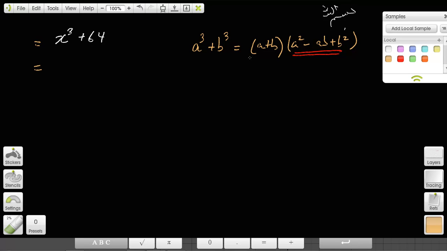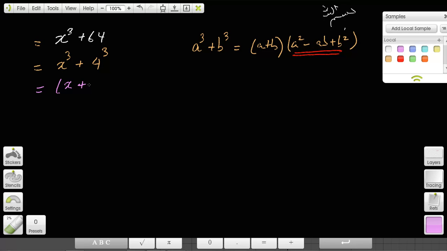Okay, so in this case it's like this: x cubed plus the cube root of 64 is 4. So this is x cubed plus 4 cubed. Okay, now if you didn't recognize that, you have to start seeing things. Okay, so this is a cubed plus b cubed. A plus b. A is x.